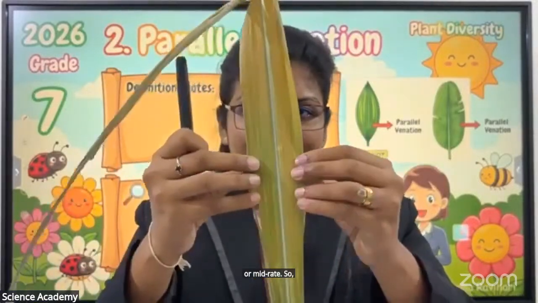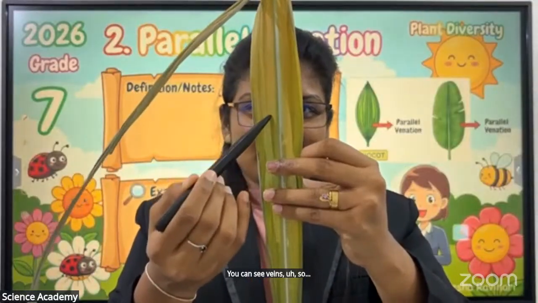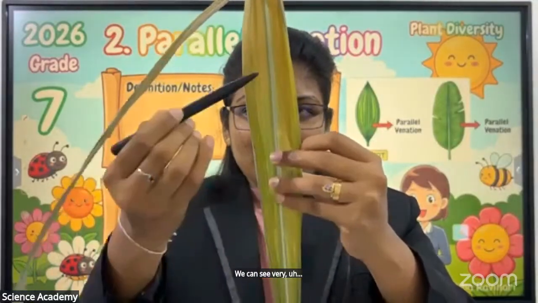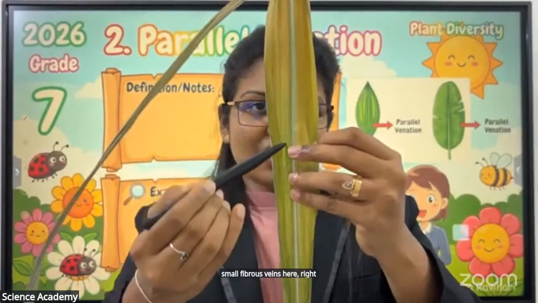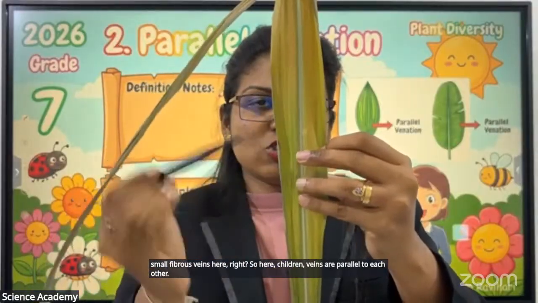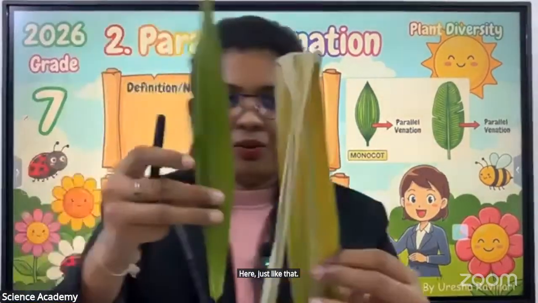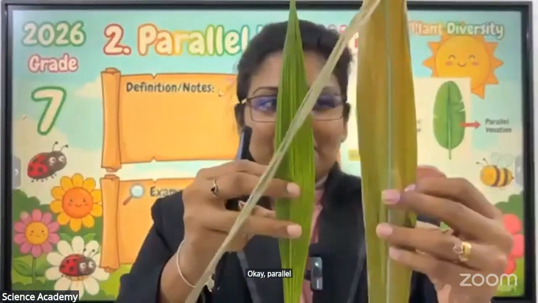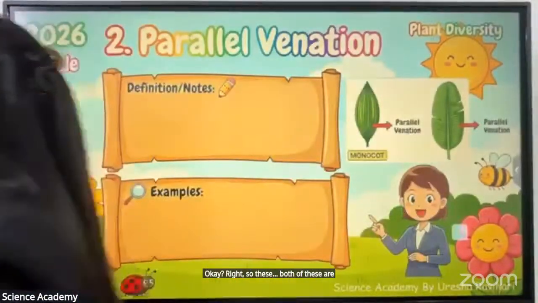So here, children, you can see very small fibrous veins, right? Here, veins are parallel to each other, just like that, okay? Parallel to the midrib, okay? Right, so both of these are monocots.